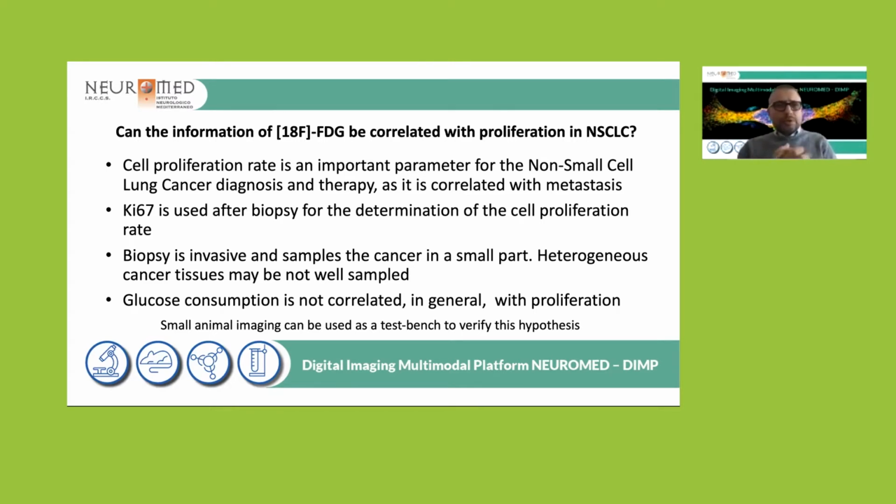The assumption here is the following: can we make a model so that we use the PET image to provide information very similar to the biopsy one? In other terms, can PET imaging in the future substitute biopsy or help with a personalized biopsy?